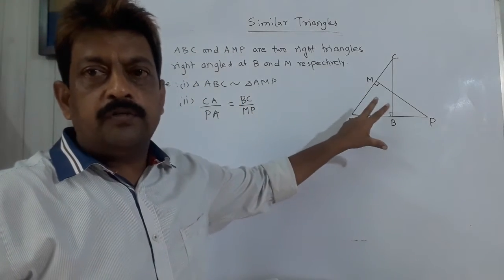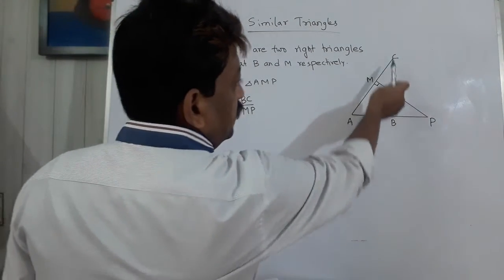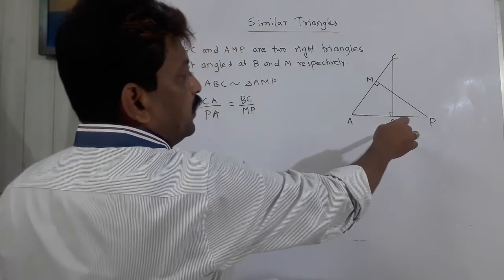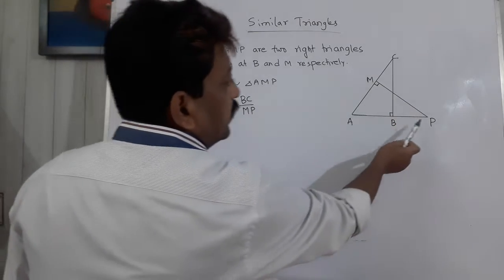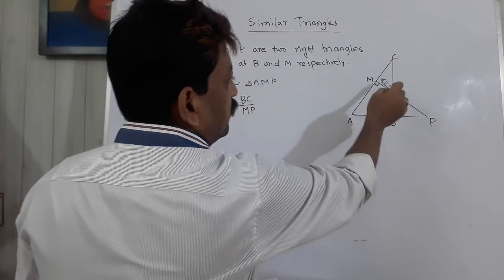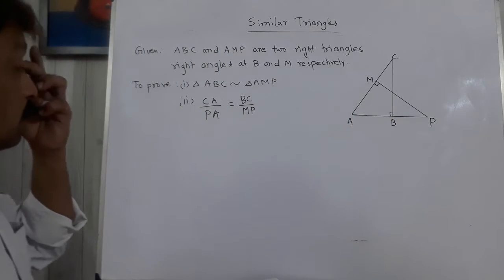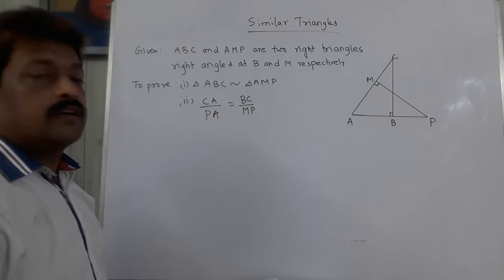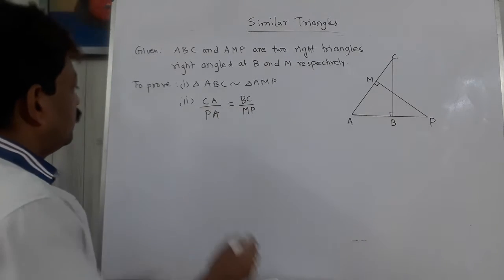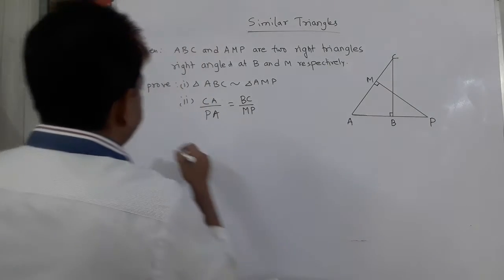If we consider BC as the perpendicular of triangle ABC, then MP is also the perpendicular of triangle AMP. So the hypotenuse and the perpendicular sides of both right triangles are proportional to each other. First of all, we have to prove that these two triangles are similar.